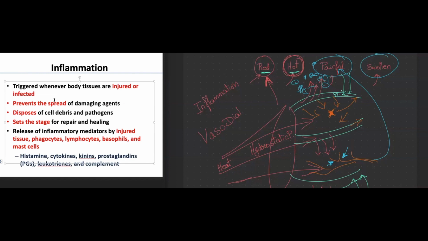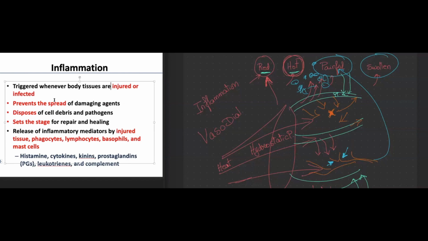If I'm getting normal amounts of blood, this won't be sufficient to enhance the cells to proliferate. It's not going to be effective to bring enough fibroblasts to build up, for example, the connective tissue to heal the injured site. So it sets the stage for repair and healing.